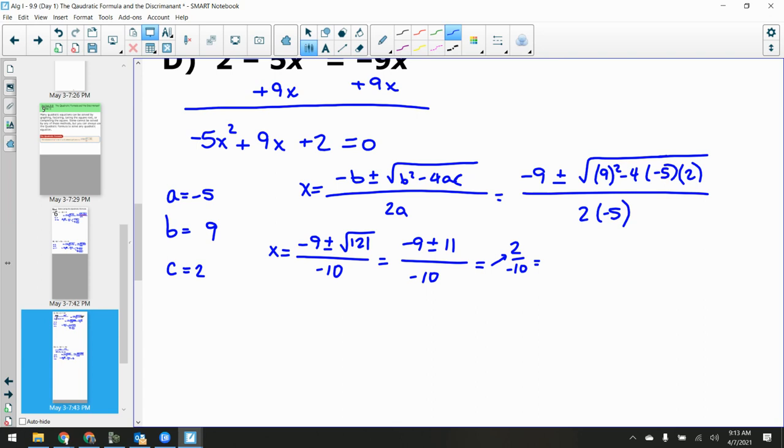So that's 1/5, point 2, negative 0.2. And then my other is negative 9 minus 11. So negative 20 over negative 10. So positive 2.